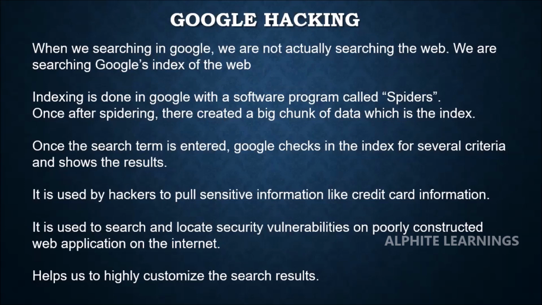It will run a scan to learn how many pages are in that website, all the URLs, all the subdirectories. It will learn and create a cache in its own place. That is called spidering.